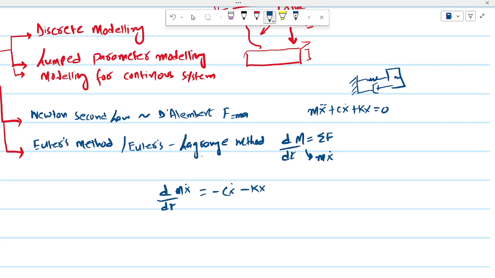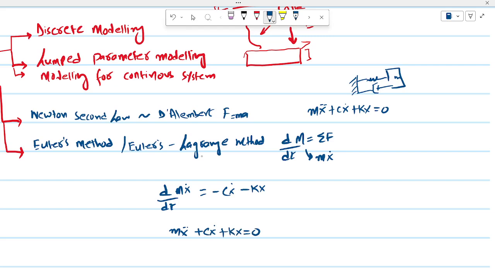You just take it to the other side, and you know that's already x dot, so another derivative of x dot will be x double dot, so it will become mx double dot plus cx dot plus kx equals 0.